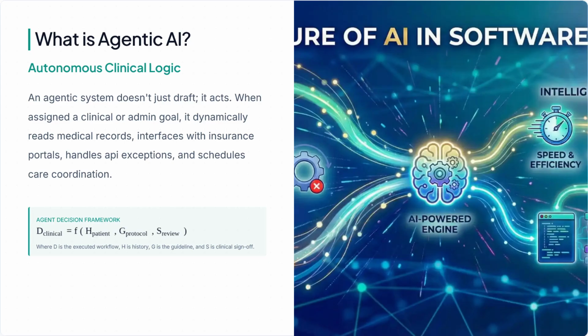Now, if the agent hits an error, for example, if a system that it's trying to connect with is not working and it can't access it, it is programmed to look for alternate routes or to flag that as an issue for the person.